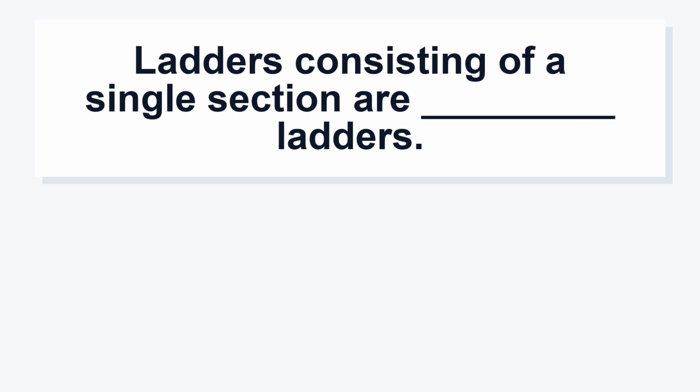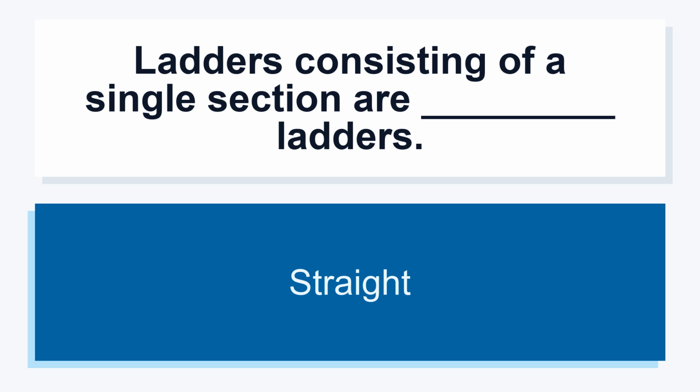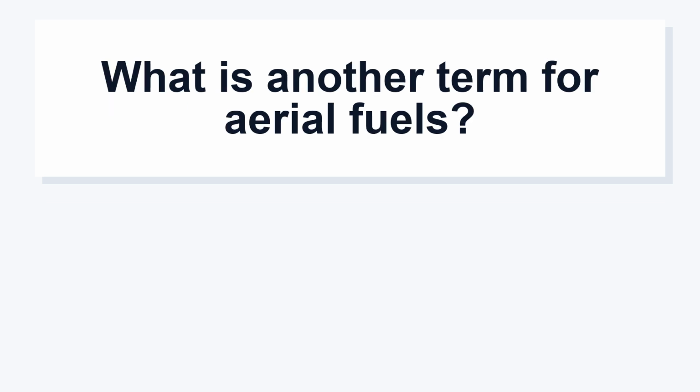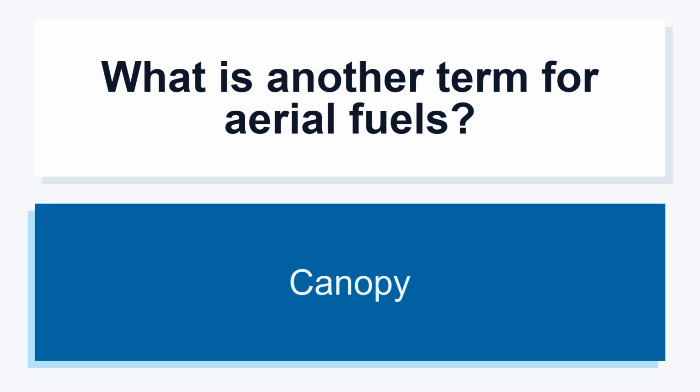Ladders consisting of a single section are straight ladders. What is another term for aerial fuels? Canopy.